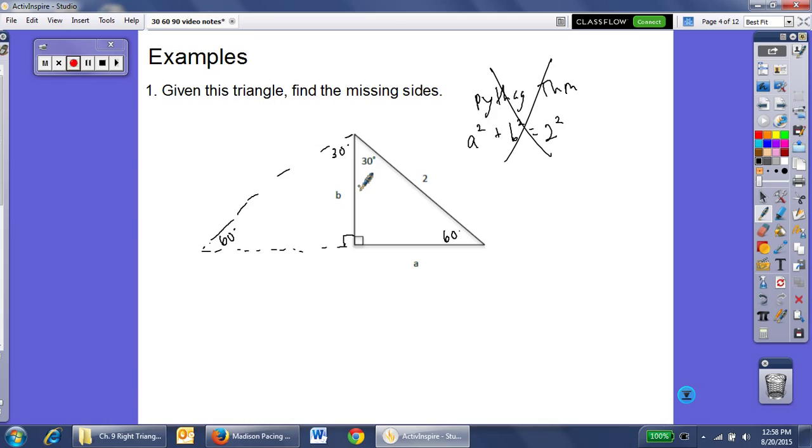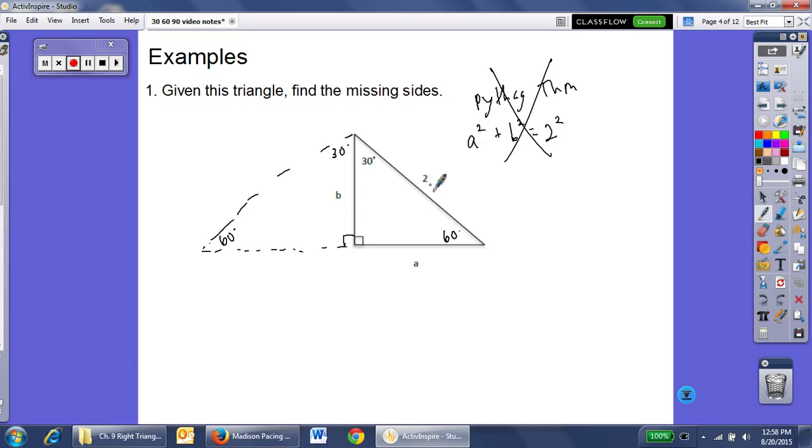Now the big triangle is an equilateral triangle because we have 60, 60, and 60 degrees. This is really nice because equilateral triangles have all sides the same.